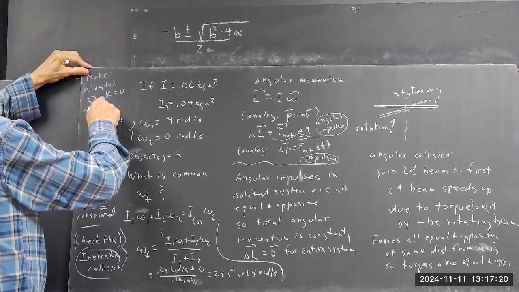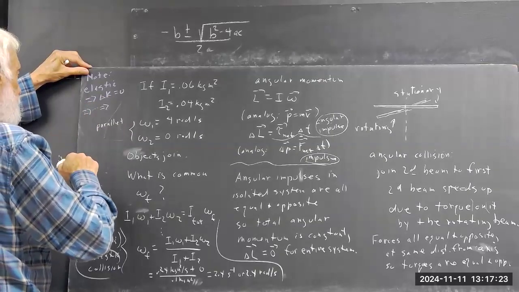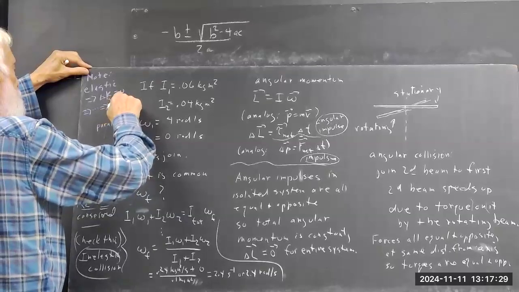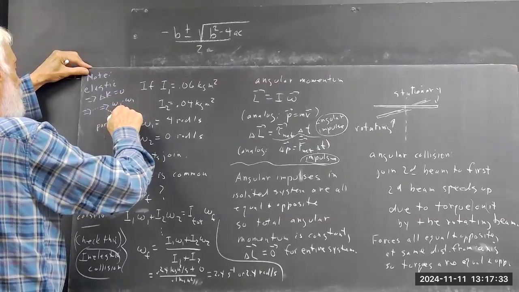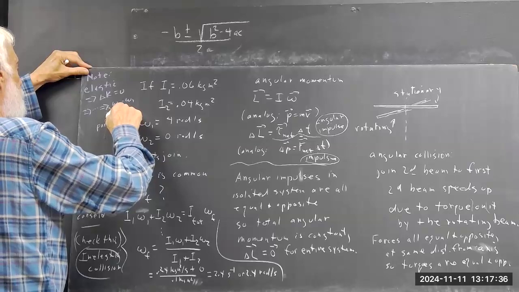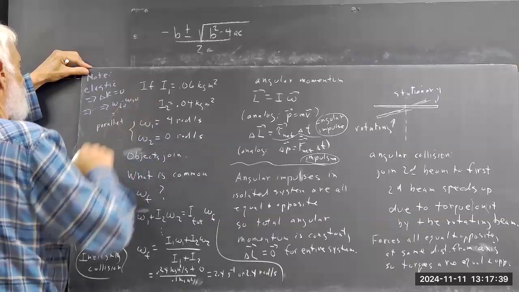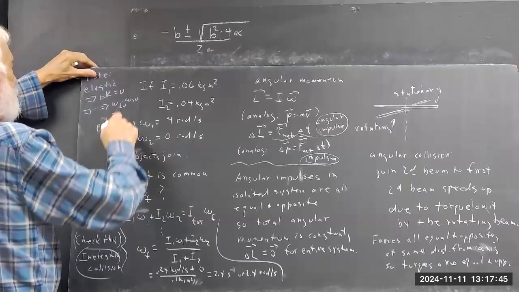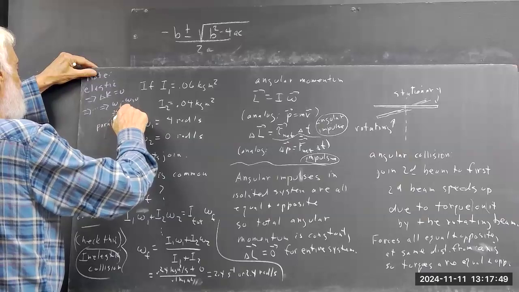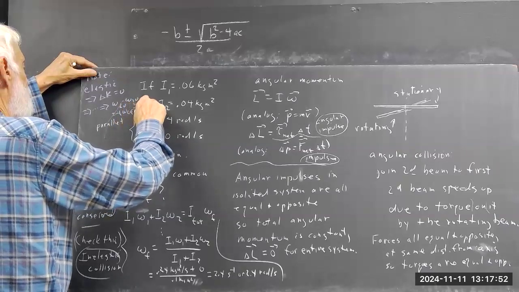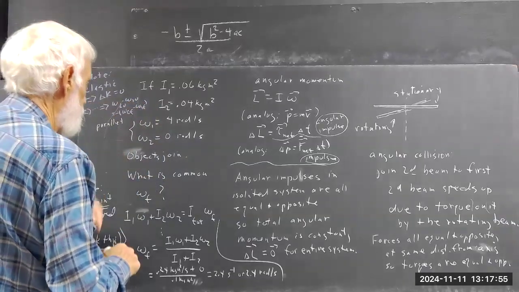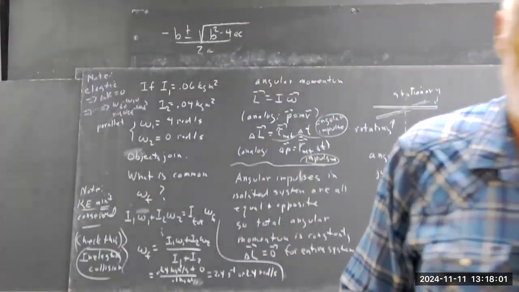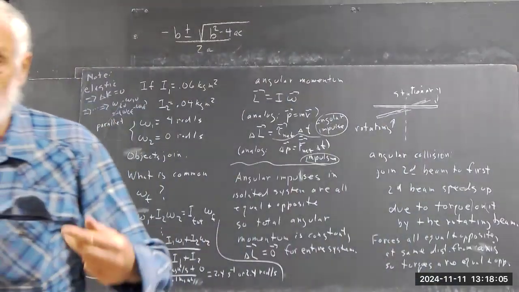This implies by some argument that we might have time to do, maybe not, that the initial omega-2 minus the initial omega-1 is the negative of omega-2 minus omega-1 out, which is totally analogous to the condition that you have for an elastic collision in one dimension.